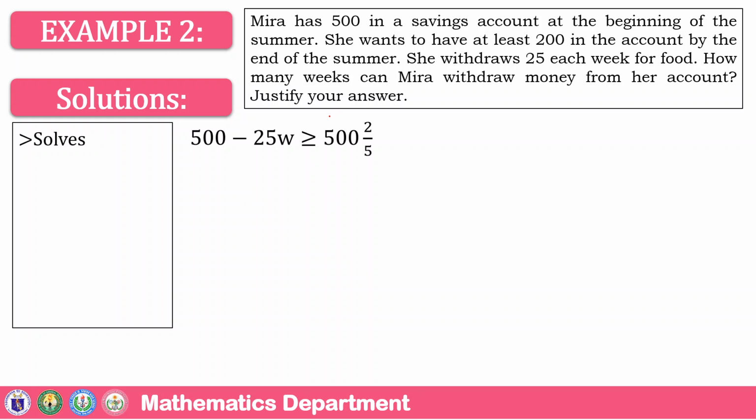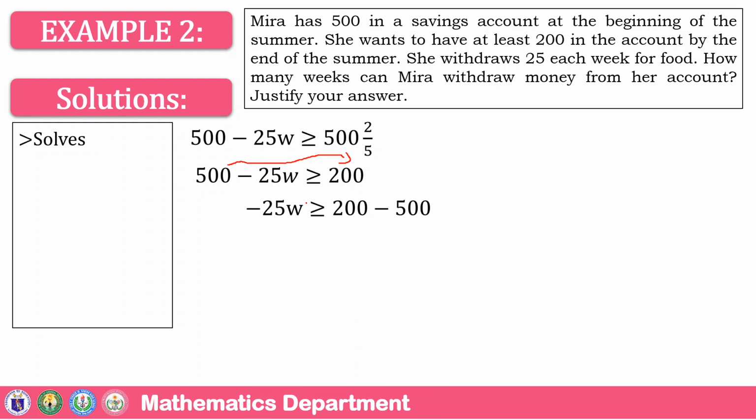So, first, multiply muna natin yung 500 times 2 over 5. So, makukuha natin dyan is 500 minus 25W, that is greater than or equal to 200. So, lipat natin ngayon si 500 doon sa kabila ng equals. So, mangyayari, matitira na natin is negative 25W, that is greater than or equal to 200 minus 500. So, proceed tayo.